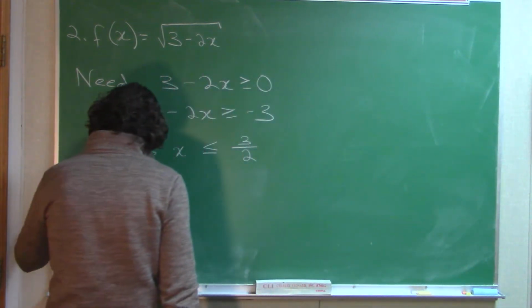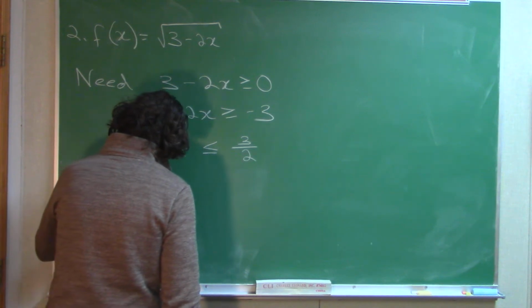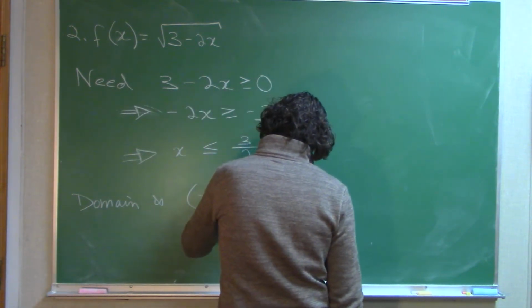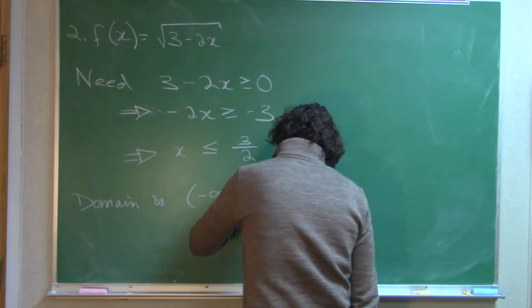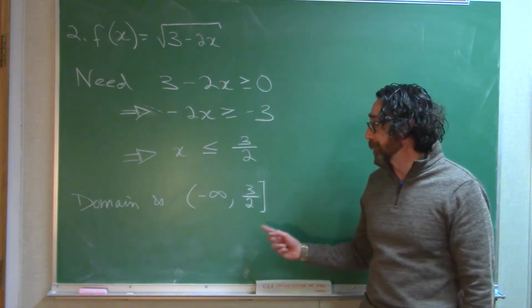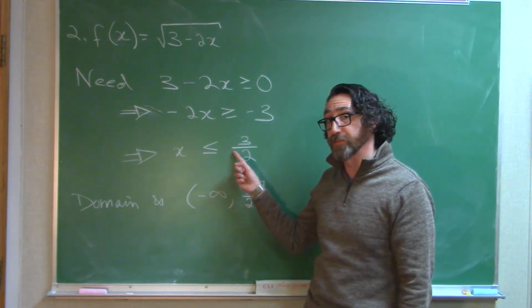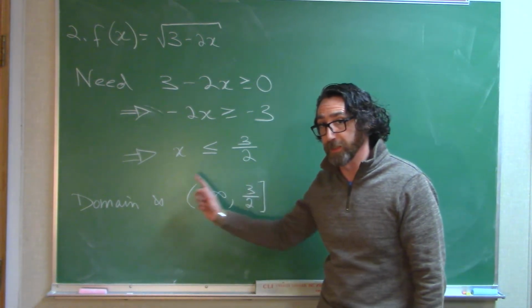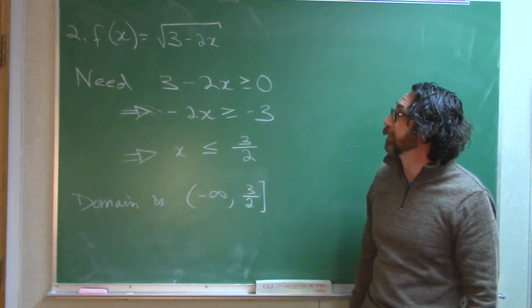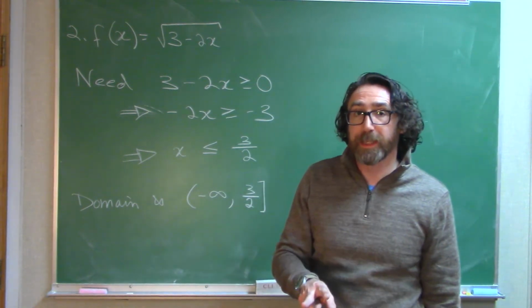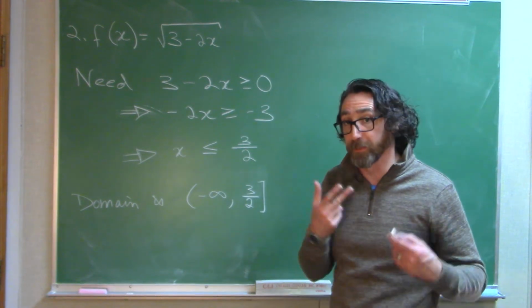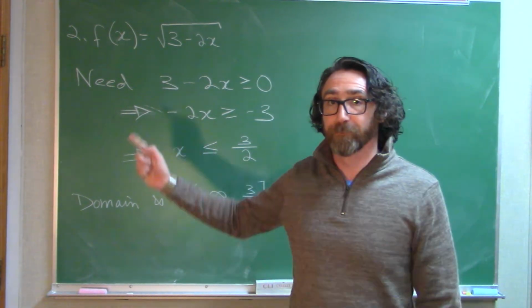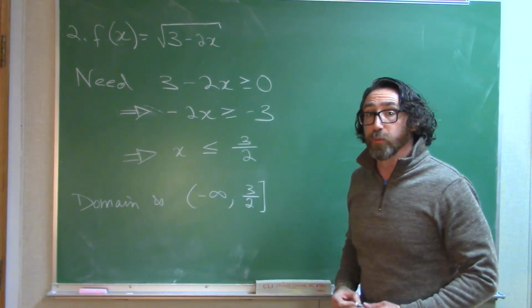So the domain of this function is negative infinity to 3 over 2, bracket on the end of this one, because I'm allowed to use this value, 3 over 2. Okay? And I can use anything less, but I can't use anything bigger. All right? So the two cases that you need to worry about for finding the domain of a function are division by variables and stuff with roots.